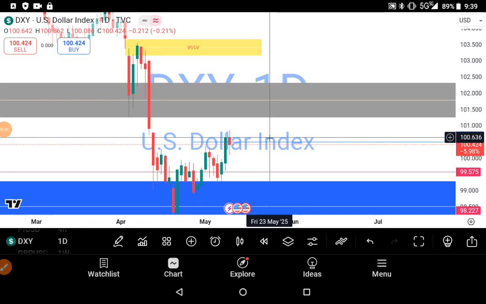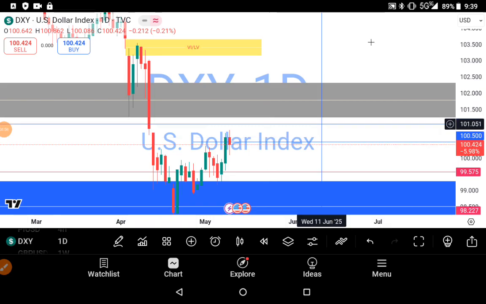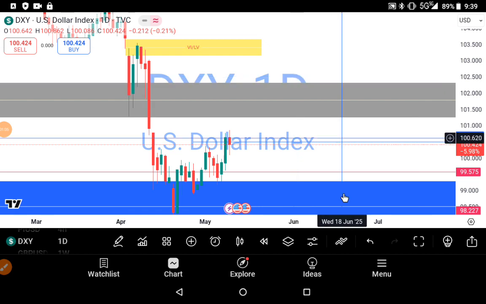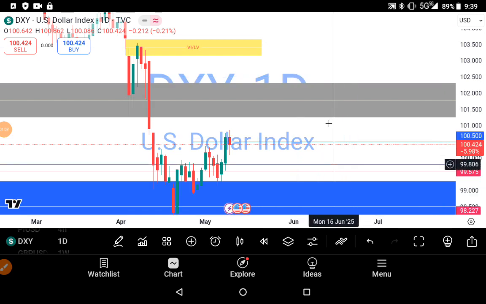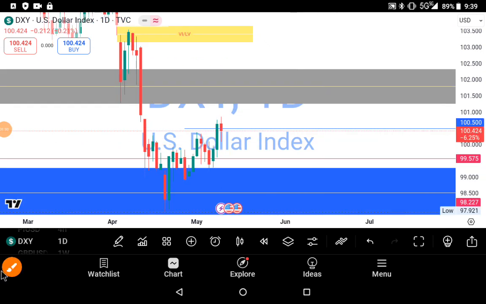What was our target the previous week and what actually came to fruition? With our base weather, which is the DXY dollar index, I was watching the level 100.500.